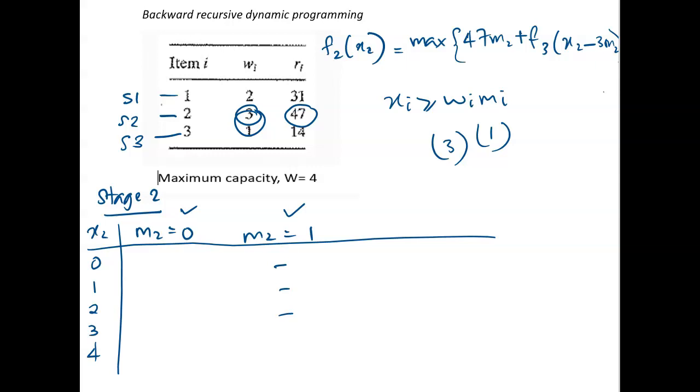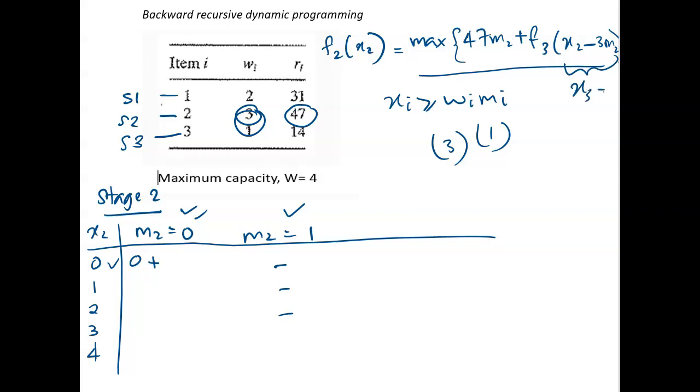Now we just substitute m2 equals 0 into this function. So 47 times 0 is 0, plus this function, f3 of x2 minus 3 m2. You substitute x2 equals 0 and m2 equals 0. So 0 minus 3 times 0 is 0. So it is basically x3 here, because remember this is actually x3.